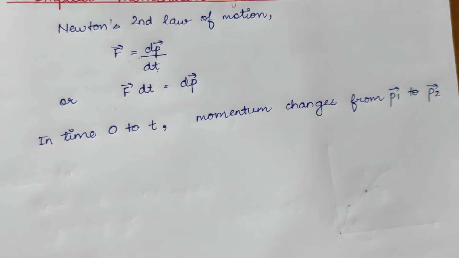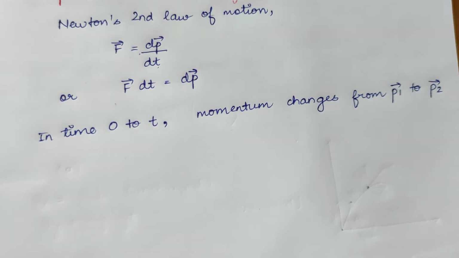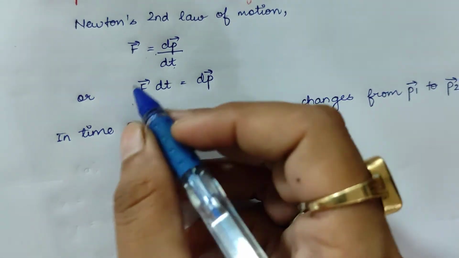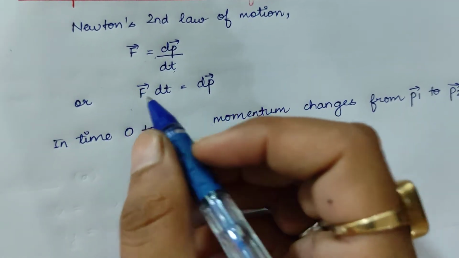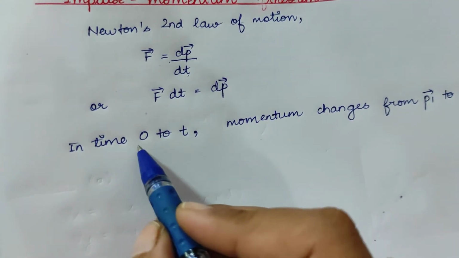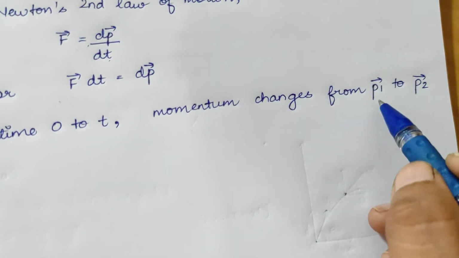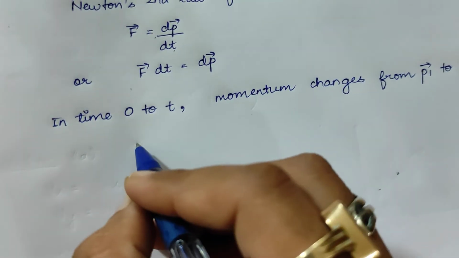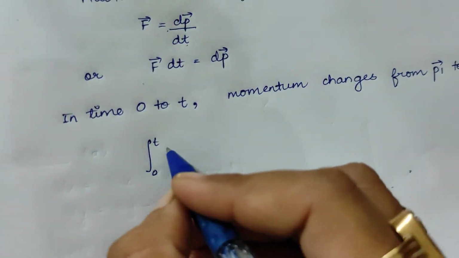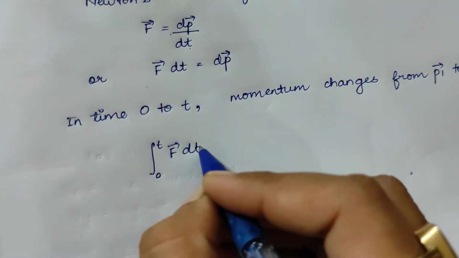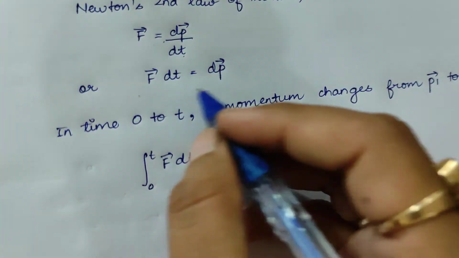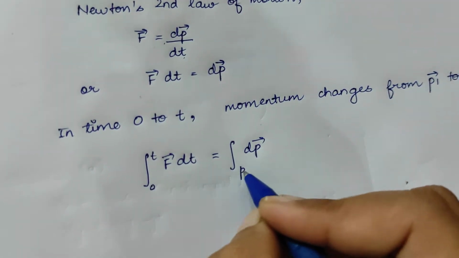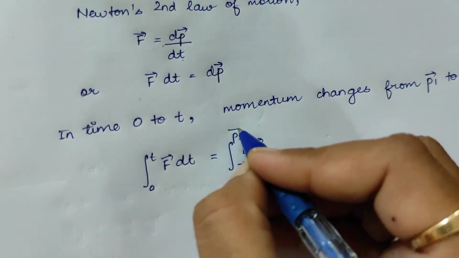Fine. Now if we integrate the above equation within these limits, the limits of time will be 0 to t and the limits of momentum will be P1 to P2. So integrating it, the above equation gives the integral of F dt from 0 to t equal to the integral of dp from P1 to P2.